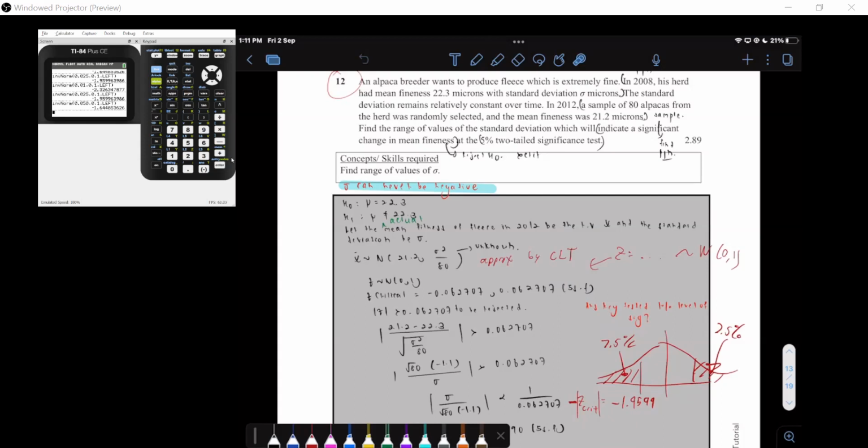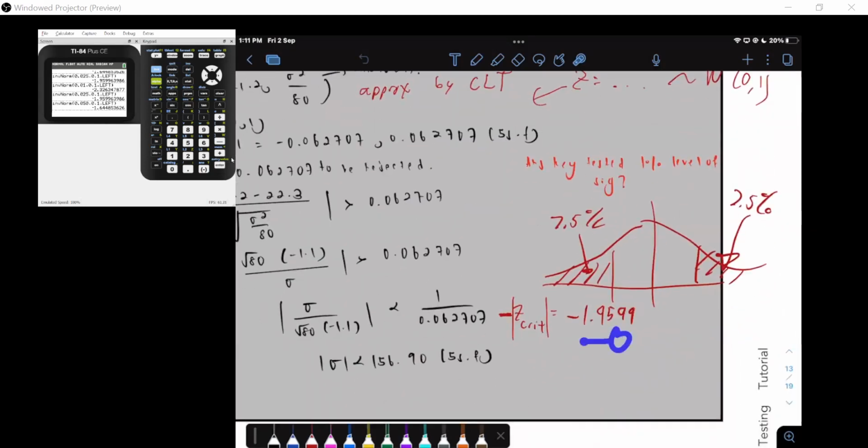What do we want? We want to make sure that we have a significant change in mean fineness, which means we reject H0 and accept H1. Sufficient evidence to accept H1. So if you want to reject H naught, you need to have an inequality like this.